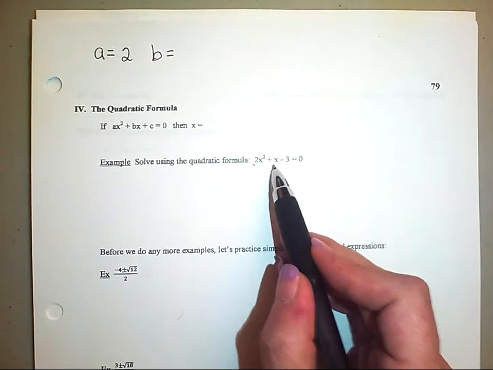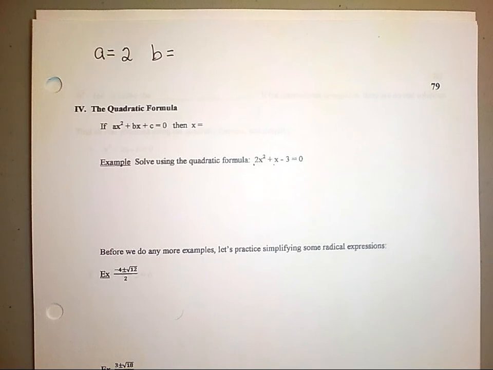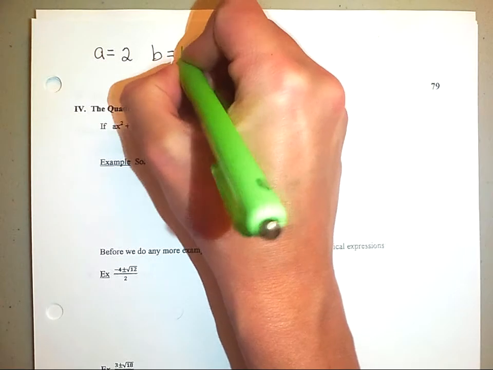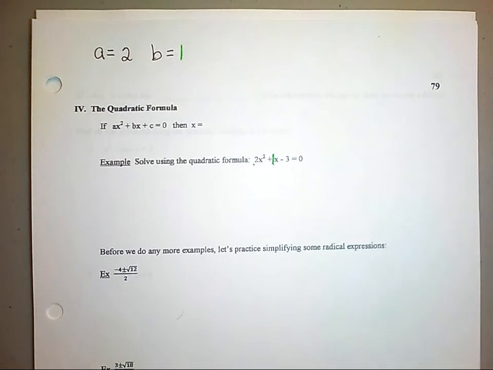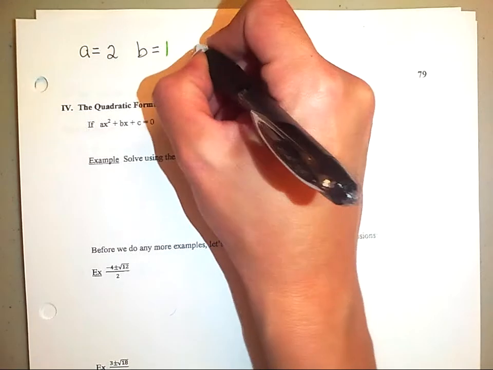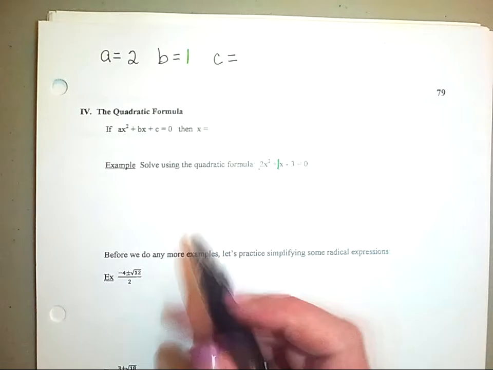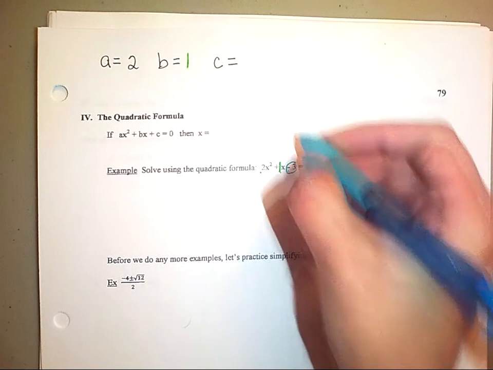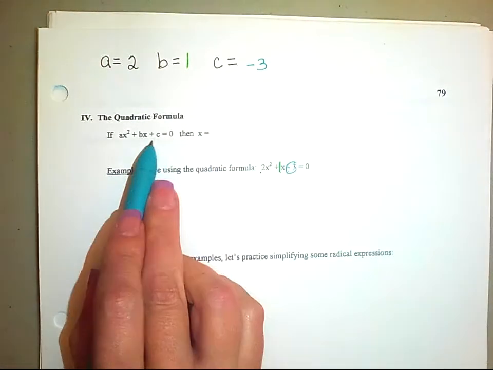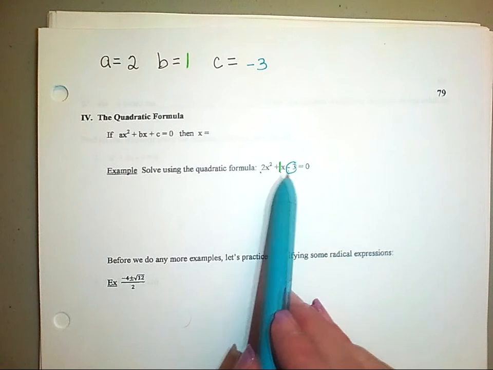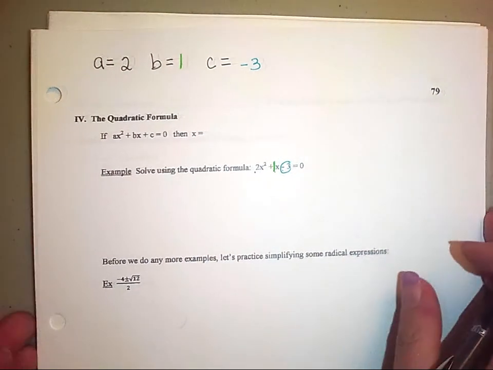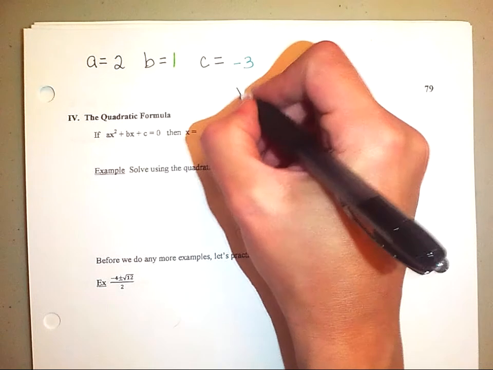B in this case, there is no coefficient on x, so remember, anytime we don't see it, it's an understood 1. And we also have to be careful here that c is subtracting 3, so we'll take that to be a negative 3, because we're adding c up here, so if we're subtracting, it needs to be a negative.